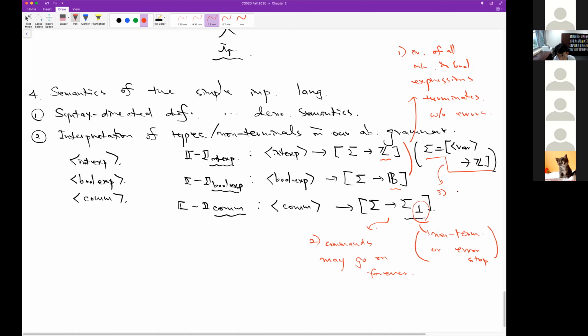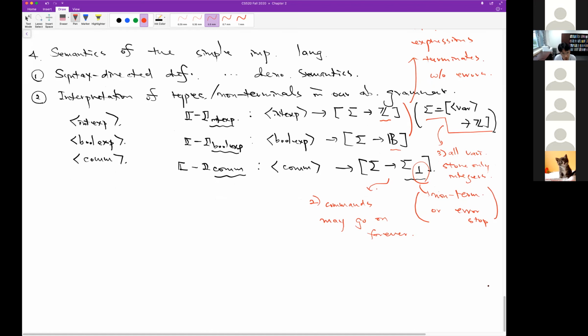The third decision is that all variables store only integers. Sometimes people say there are denotable values and storable values. In this language, we can denote Booleans and integers using expressions, but only integers can be stored. So these are the kinds of decisions expressed in this language.